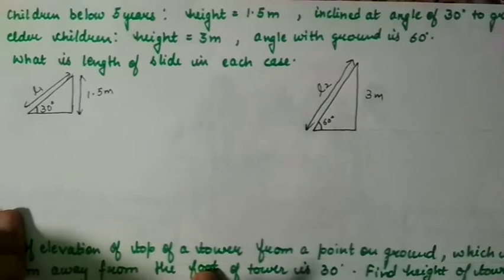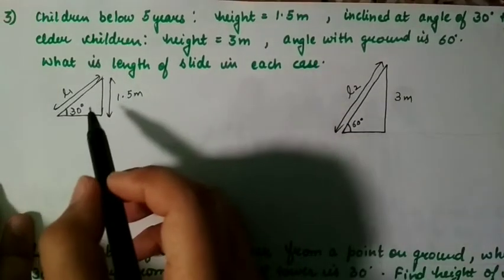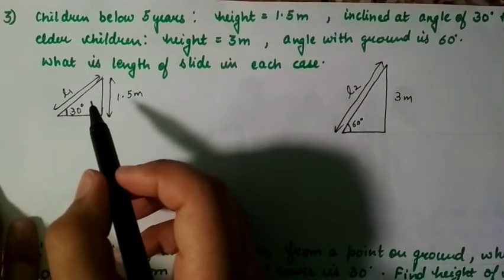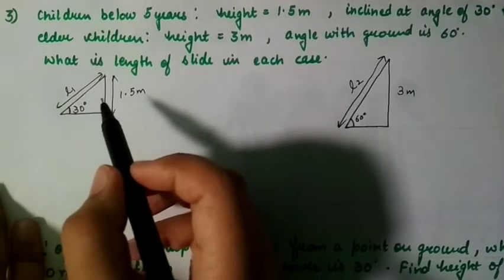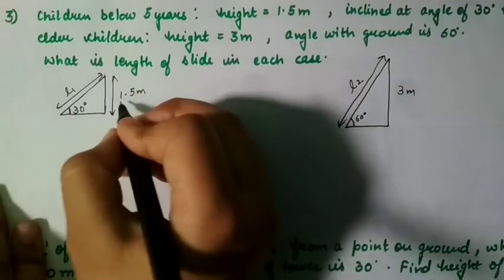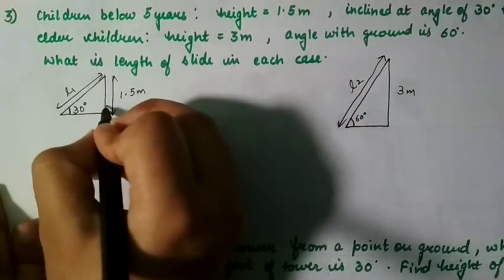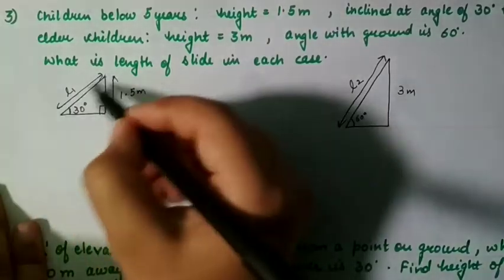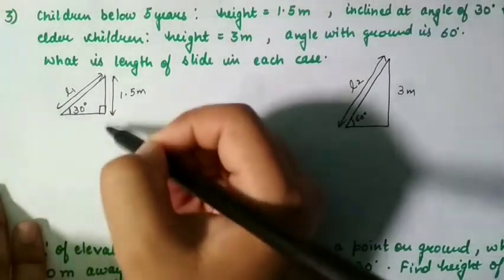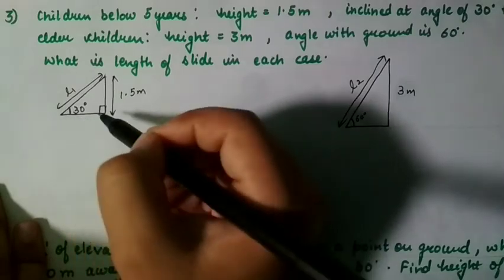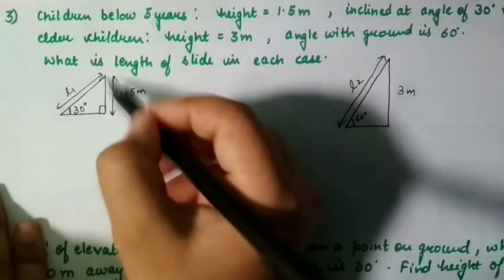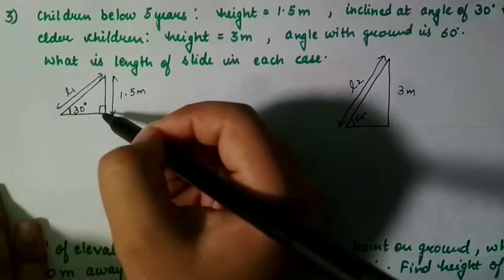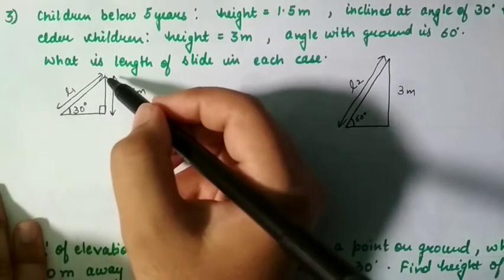So how will you do this? First of all we will do the slide for children below 5 years. This is a right angle triangle. So this will be the hypotenuse, this will be the perpendicular, and this will be the base. Now we know the length of the perpendicular and we have to find the length of the hypotenuse.